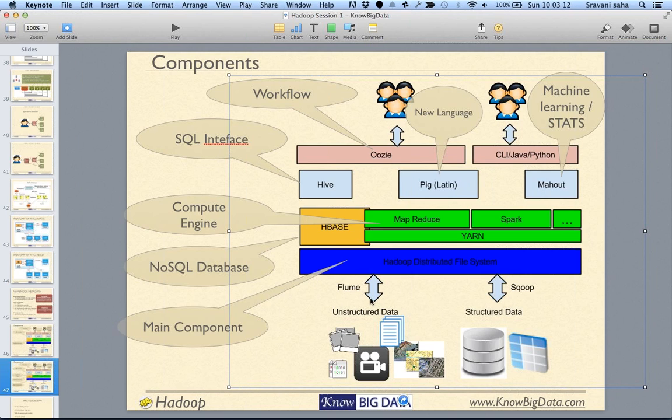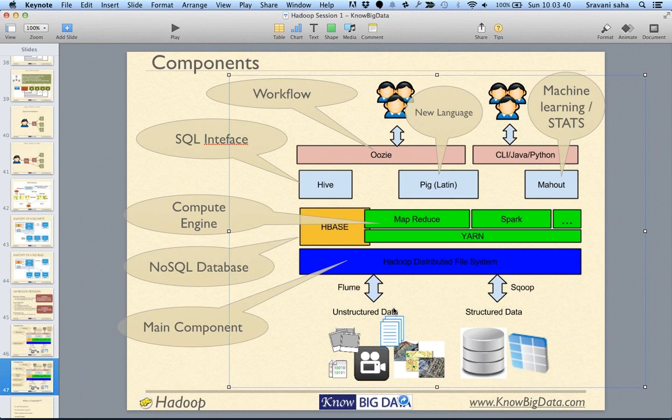Now, out of all of this, there would be a circumstance when you want to move the data from a relational database to the file system or to HBase or to Hive. In those cases, you will use Sqoop to import and export structured data from a database.